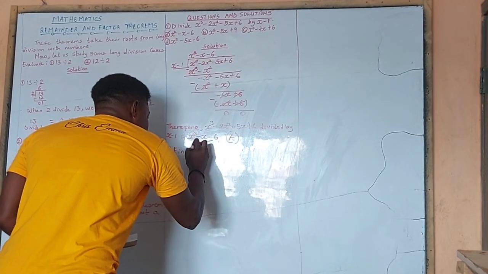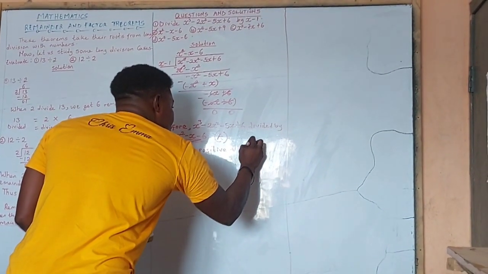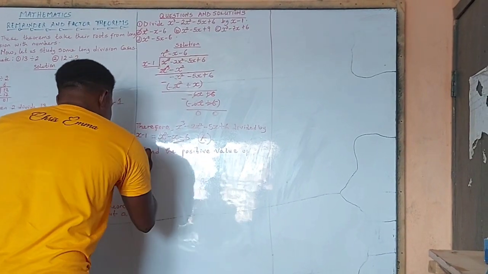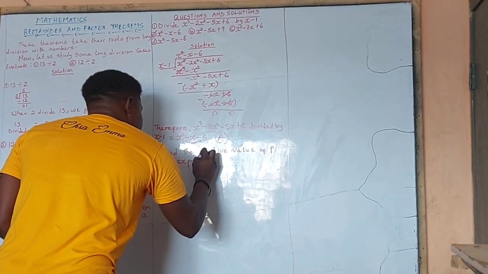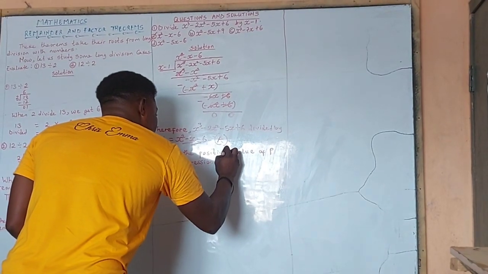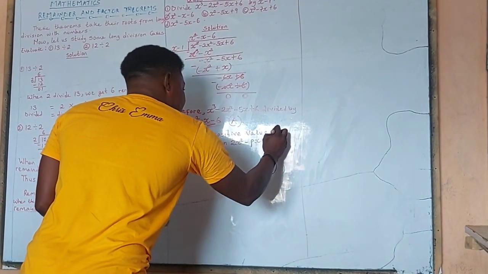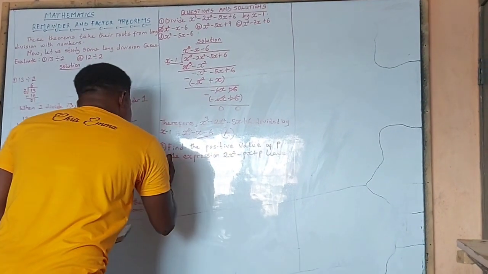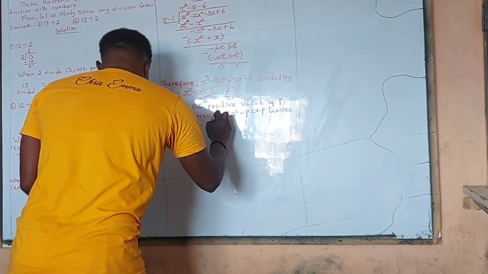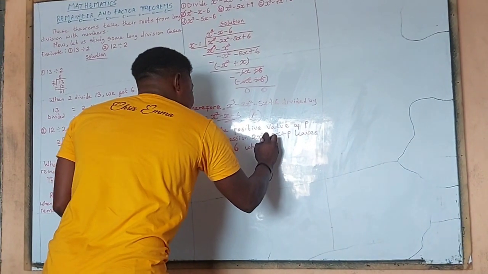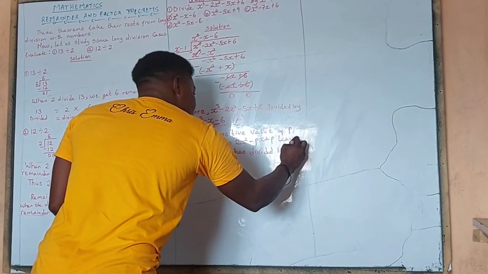It says, find the positive value of p if the expression 2x squared minus px plus p leaves a remainder 6 when divided by x minus p.